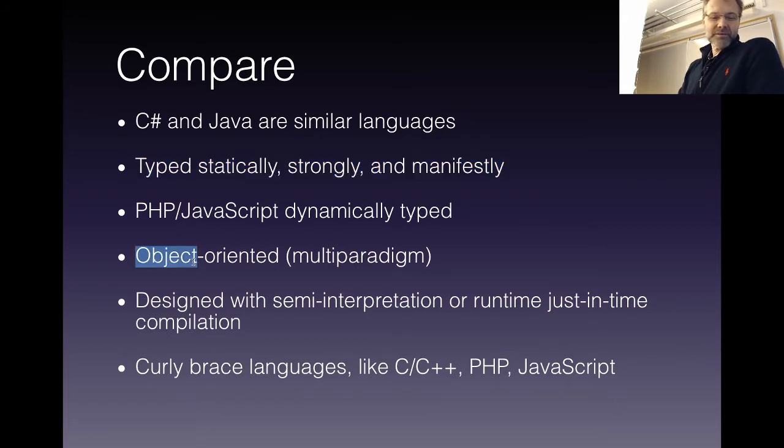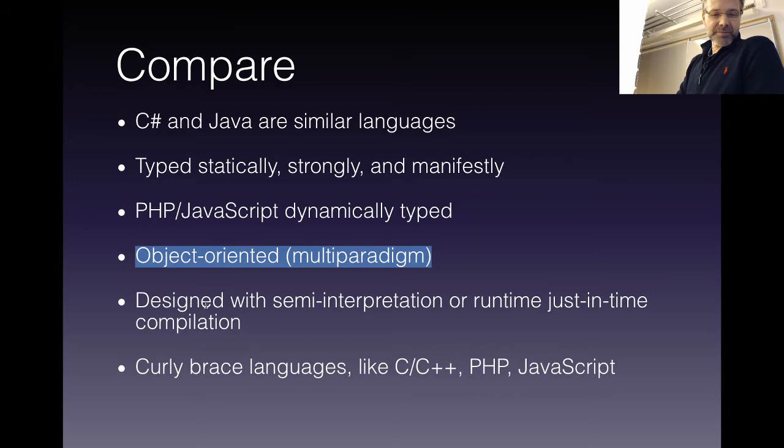Or we could say that all these languages, C++, C#, Java, PHP, JavaScript, are object-oriented languages in a multi-paradigm sense, so we can program in more paradigms than just object-oriented, supporting various ways of writing the code.